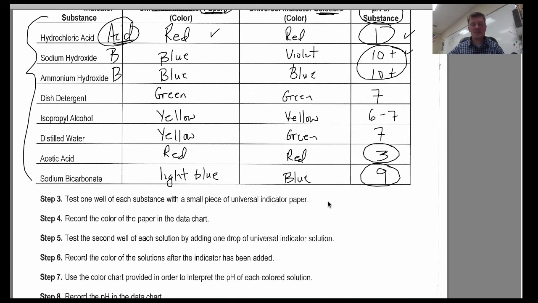In fact, an acid has a pH that is less than 7, and a base has a pH that is greater than 7, and 7 is neutral.